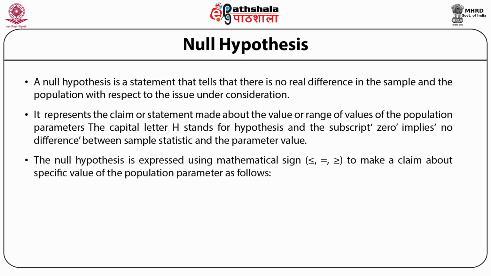The null hypothesis is expressed using the mathematical signs less than or equal to, or greater than or equal to, to make a claim about a specific value of the population parameter.